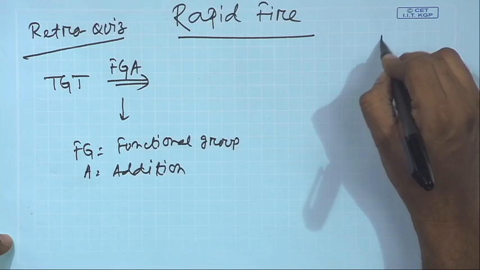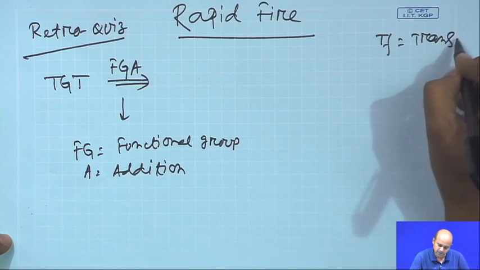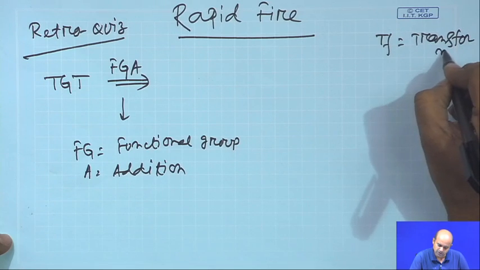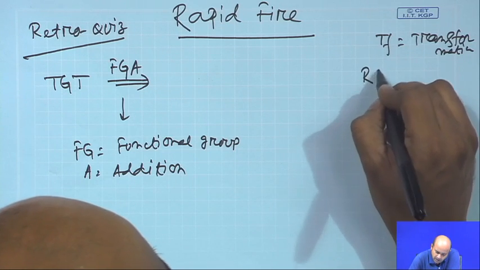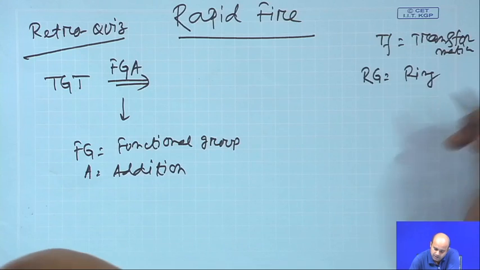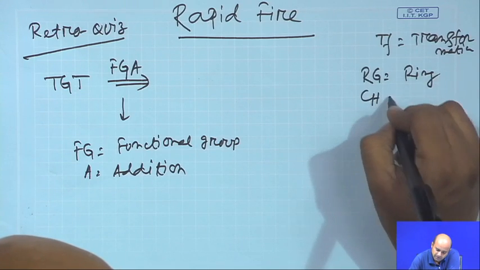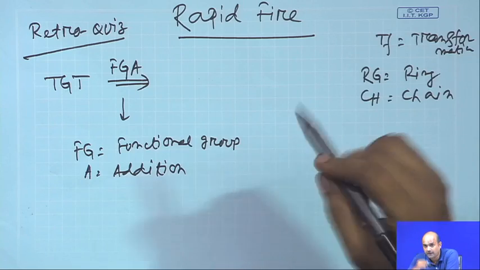You can also abbreviate different other terminologies. Let us say TF stands for transformation. Any potential chemical reaction can be called a transformation. RG stands for ring. If your target molecule has a ring, it is called RG. CH stands for chain. Sometimes if you have an acyclic chain in the molecule, it is called chain.